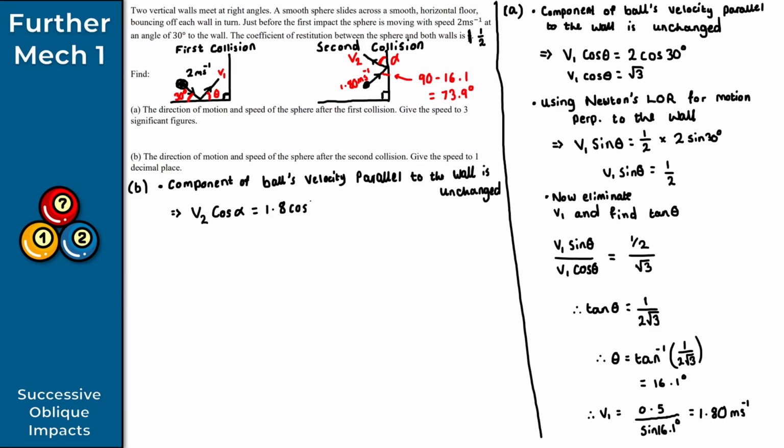So 1.8 cos 73.9 degrees. Let's simplify this. If you evaluate this, we get 0.499 to three significant figures. It's a little bit painful, it doesn't round nicely to 0.5, but we'll just take it as 0.499. That is a 0 there, just to avoid any confusion. So 0.499.